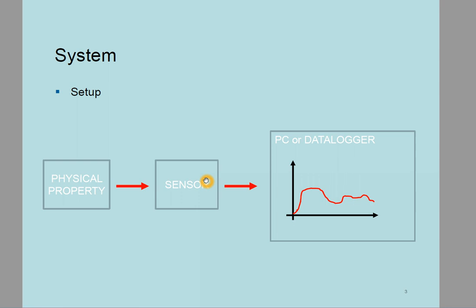So from the physical value you get a changing resistance, and that you can convert to an electric value, and with the analog-digital converter you can convert it to a digital value which you can afterwards read on your PC in a time diagram.